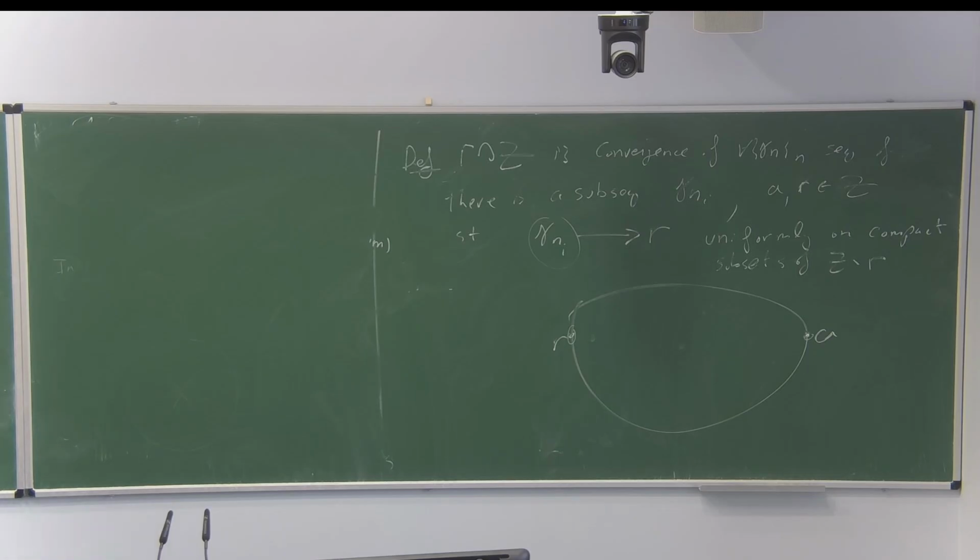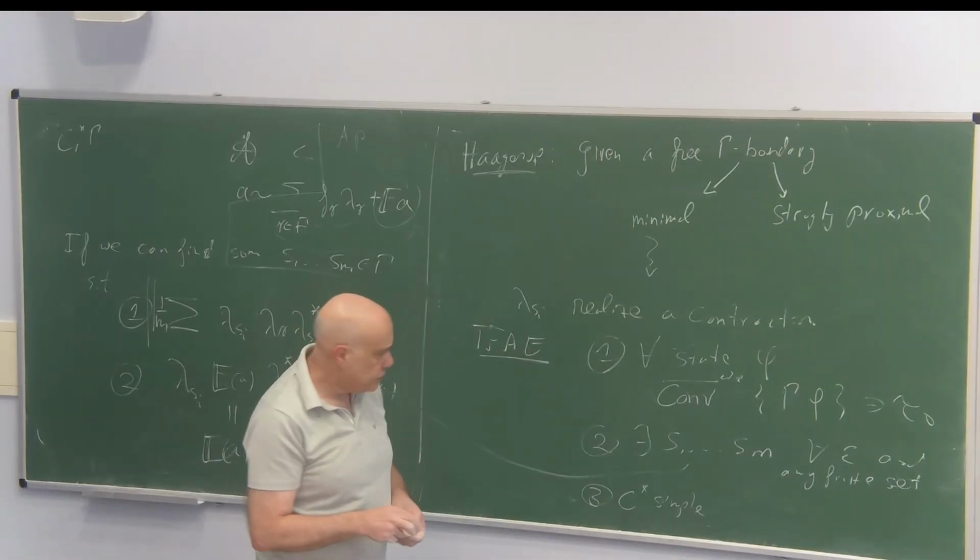Two, there exist s_1 up to s_m, for every epsilon and any finite set of the group, so there exists a scheme like this. And of course, three, the group is C-star simple, in the sense that there is a free gamma boundary action.